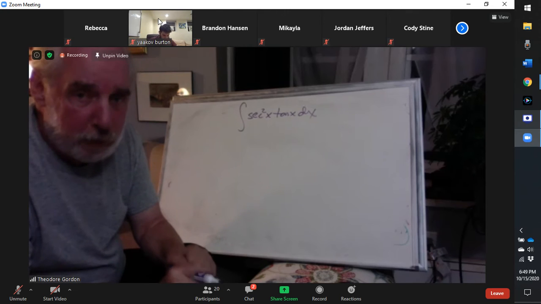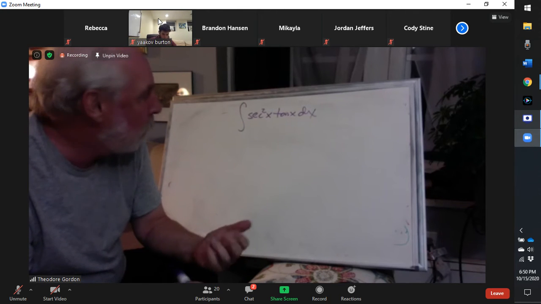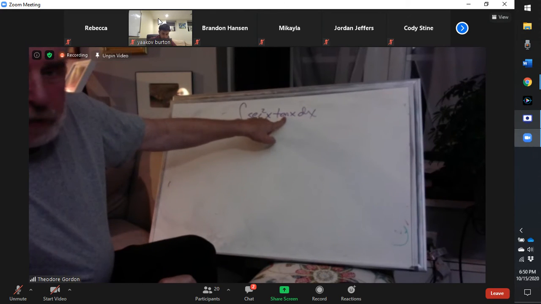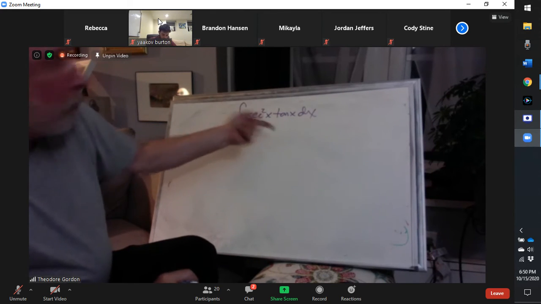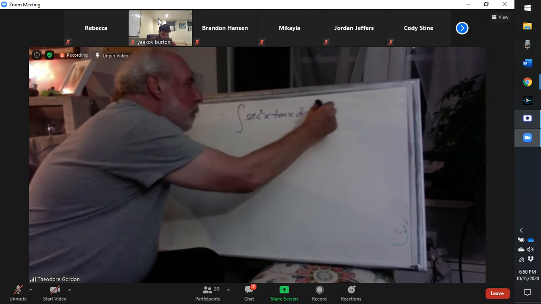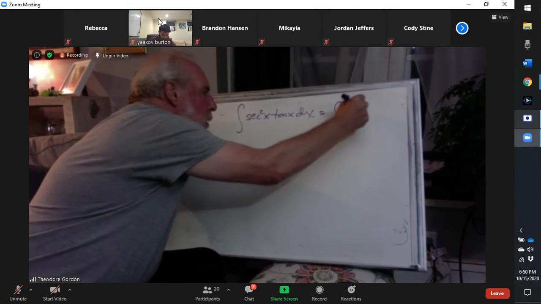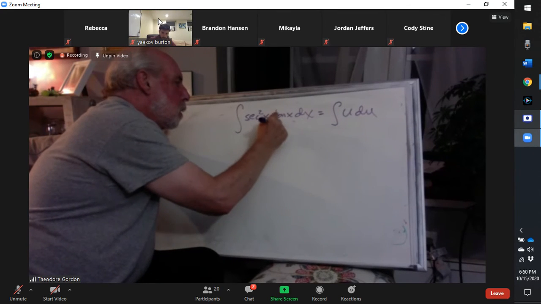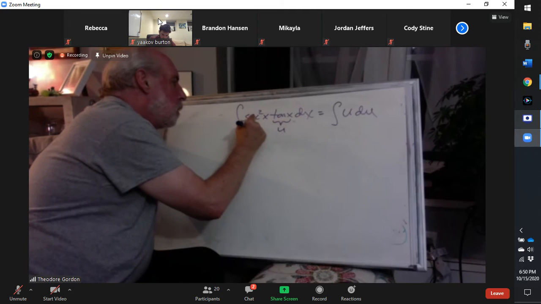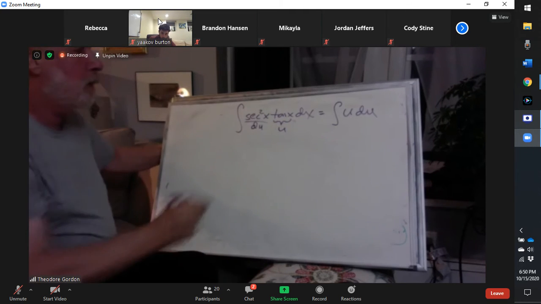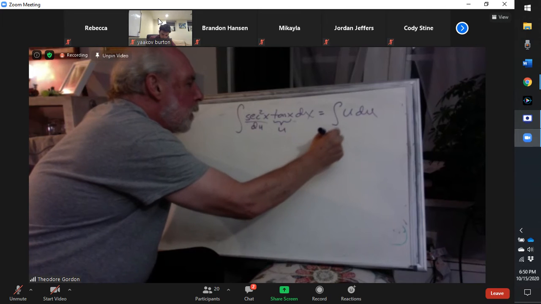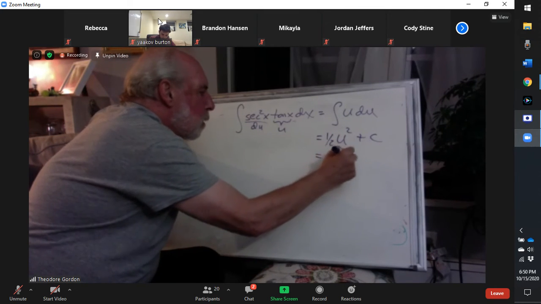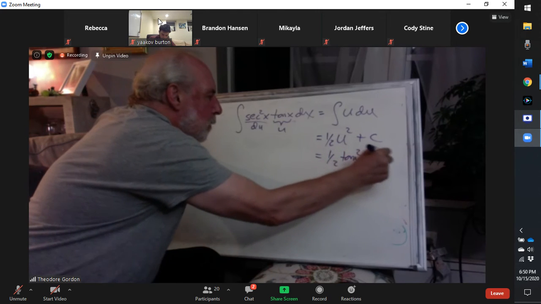This one has two methods that work, and they're both about the same. So I know the derivative of tangent is secant squared. So this problem just turns into the integral of u du. That's u, and there's my du right there. So the answer here, 1/2 u squared plus c, is 1/2 tangent squared x plus c.